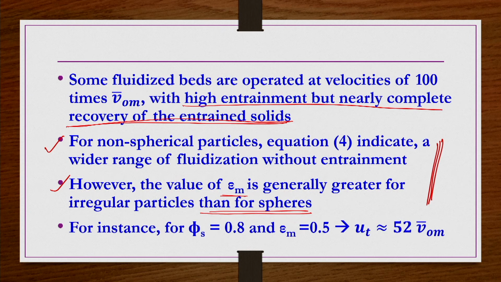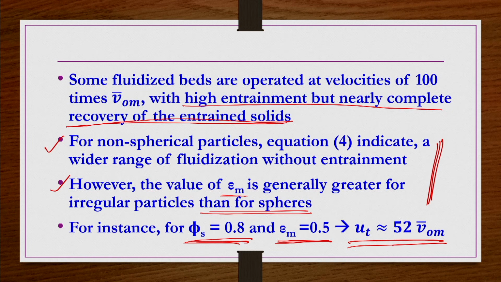So, for instance, if you have a non-spherical particle with a shape factor of 0.8 and the minimum voidage at minimum fluidization conditions epsilon m, then ut by U0 m bar is going to be 52, slightly more than the spherical particle case, where using epsilon m of 0.45 this ratio we got as 50.